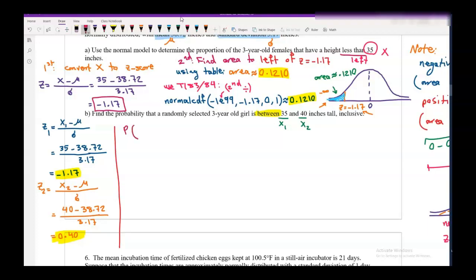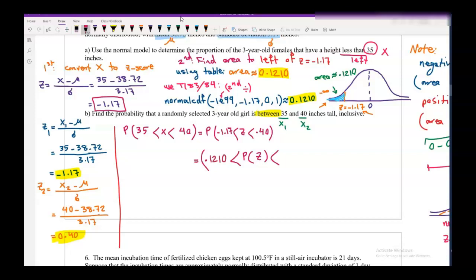Now finding the area when x is between 35 and 40. That is the area when z is between negative 1.17 and 0.4. Now the area is in between. We already have the answer for the area when z is equal to negative 1.17 from part A, and that was 0.1210. So writing that right here.